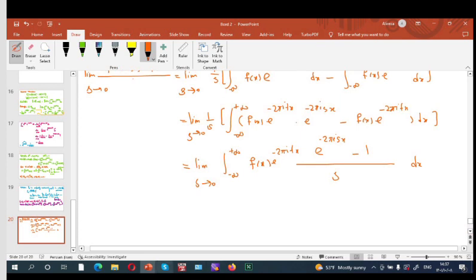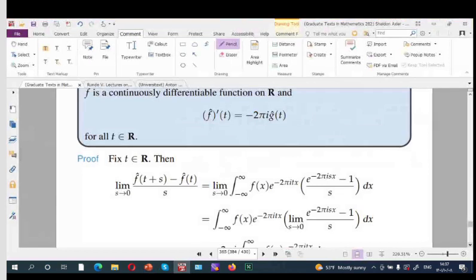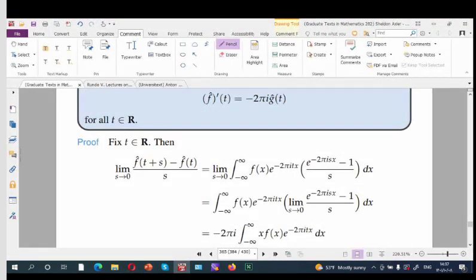this limit. This is very important. We can move this limit inside this integral. We can replace the limit and integral by the dominated convergence theorem.